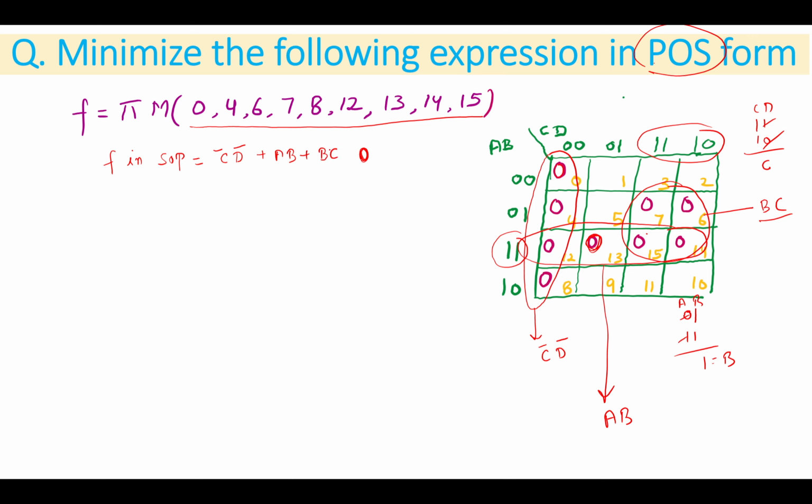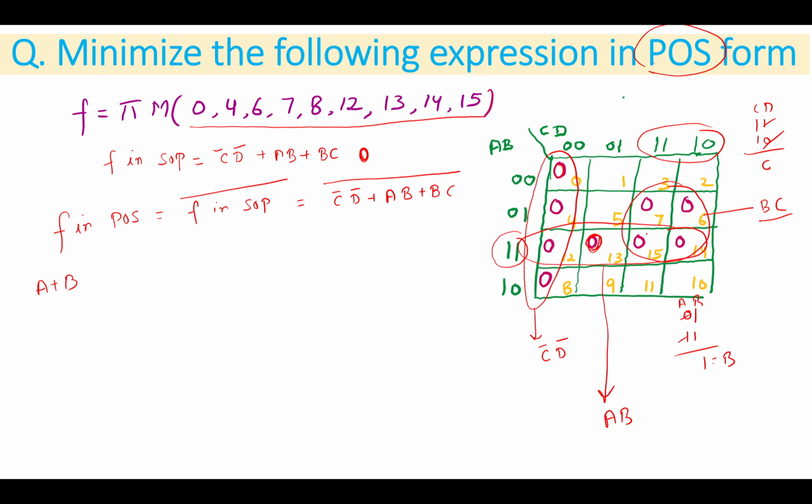But if we see the question, it says minimize the following expression in POS form, so here we want a POS expression. We got the SOP expression, so we have to represent this SOP expression in POS format. Simply take the complement of this function: C bar D bar plus AB plus BC, and again this whole bar. We have to simplify because this is not a POS expression.